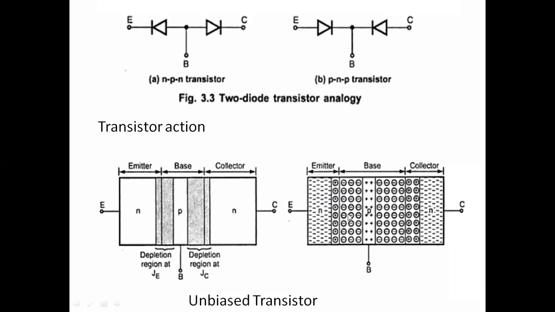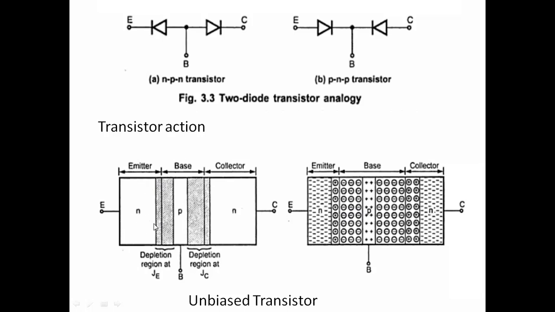The depletion width changes depending upon the doping. The width increases more in the lightly doped region. If we consider this junction, on the emitter side the width is very small compared to the base side, because the emitter is highly doped.